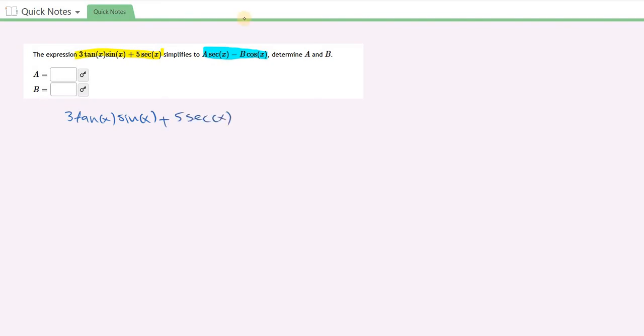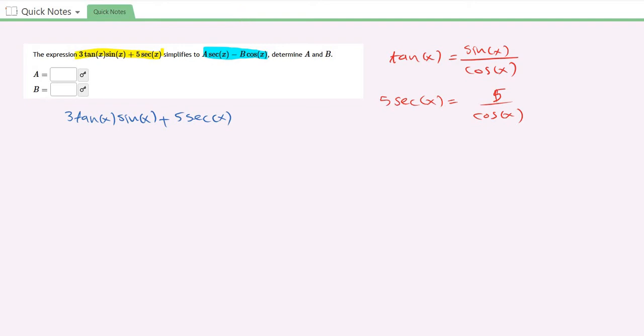We know that, first of all, tangent x is equal to sine x over cosine x. And I see a secant, so secant x is equal to 1 over cosine x, which means 5 secant is equal to 5 over cosine x.